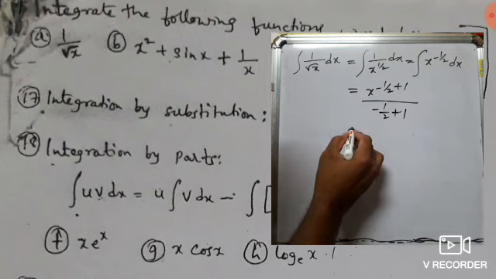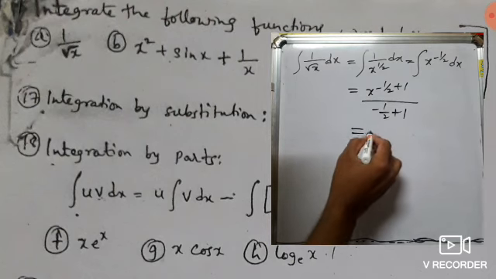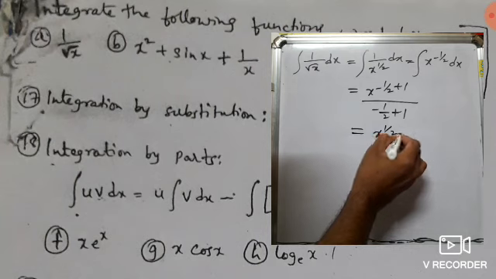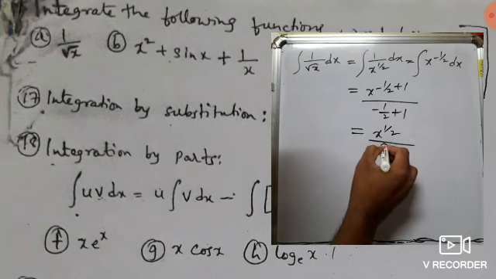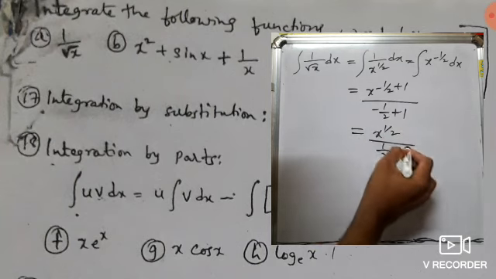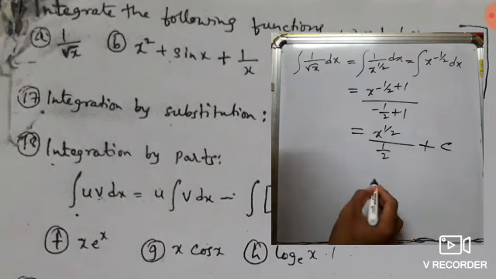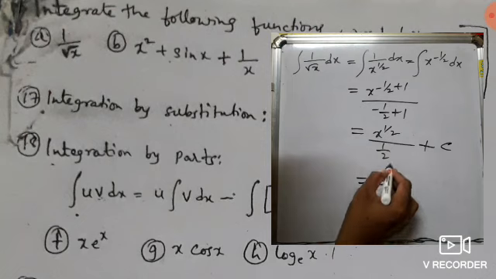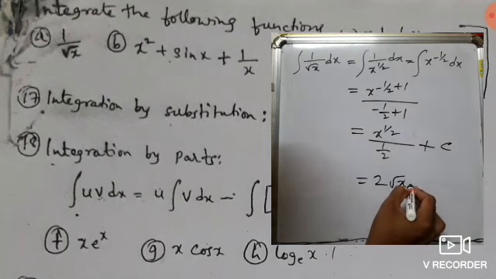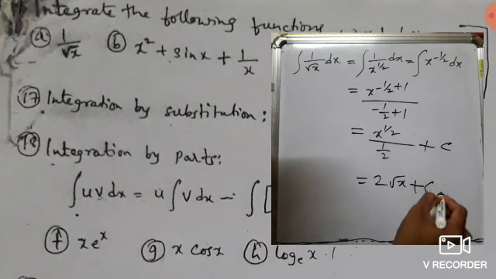So the value will come out x to the power half by 1 minus half plus c. So actually it will be 2 x to the power half, meaning 2 root x plus c. So this is the answer.